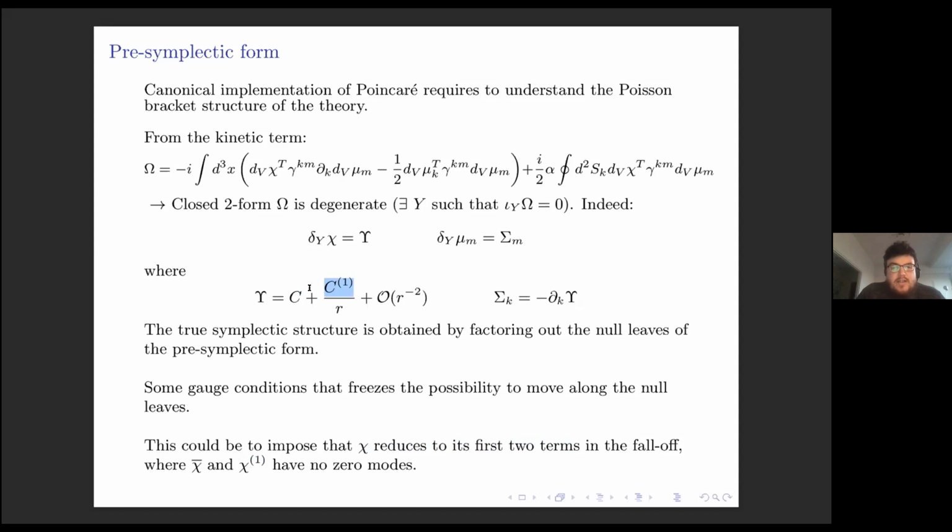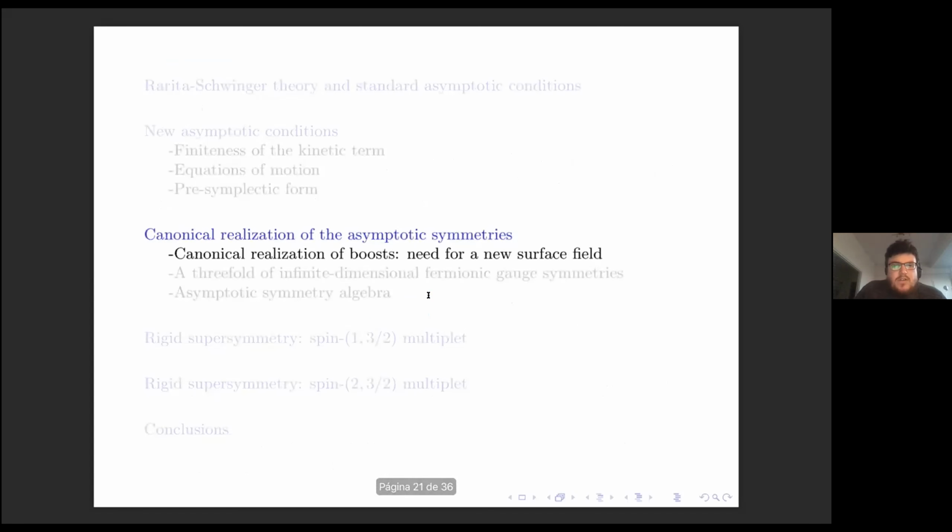I forgot to say that the asymptotic behavior of this upsilon, that is a parameter transforming chi, is constant. So we can kill the zero modes of chi bar and chi 1, and we can kill the rest of the subleading terms of chi by fixing the gauge. So in this case, we obtain a true symplectic structure. So now let's see the canonical realization of the symmetries.